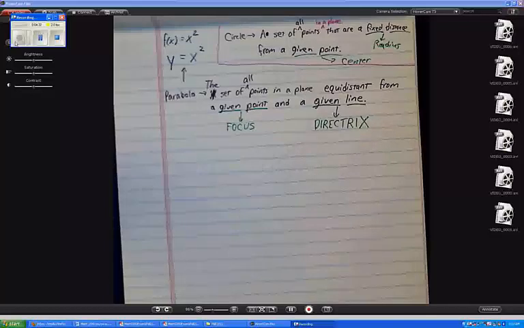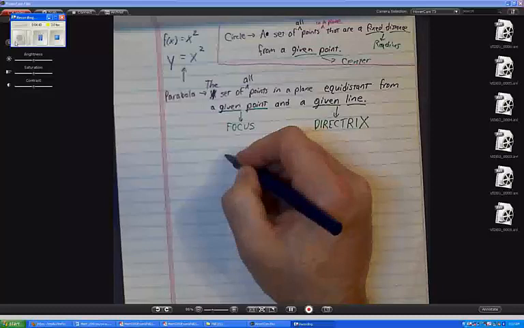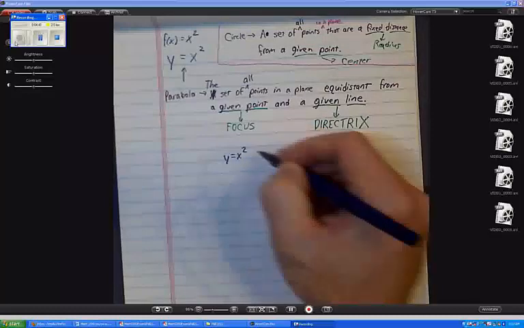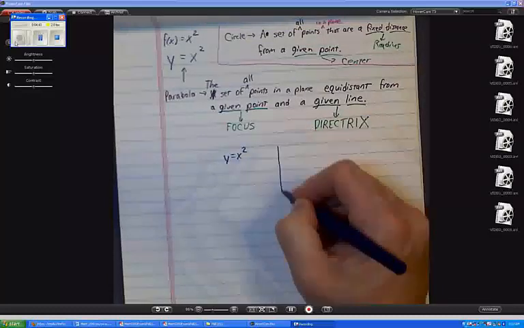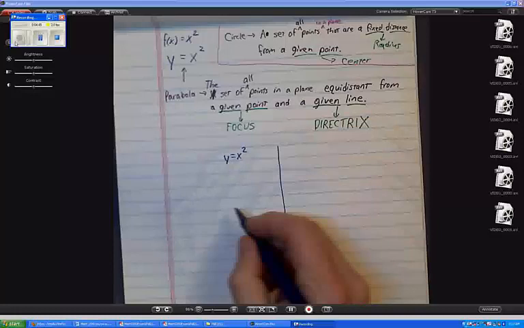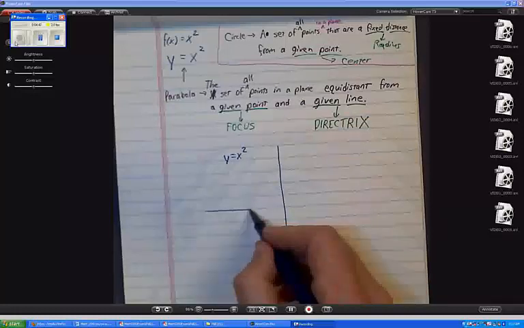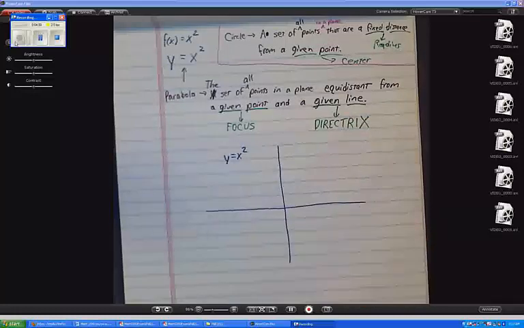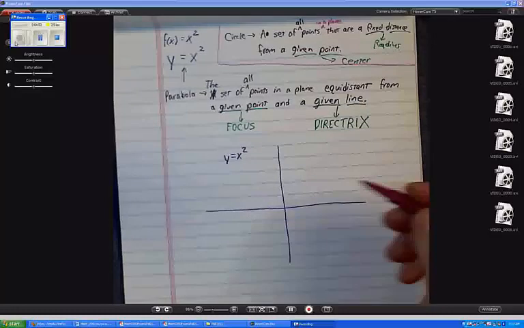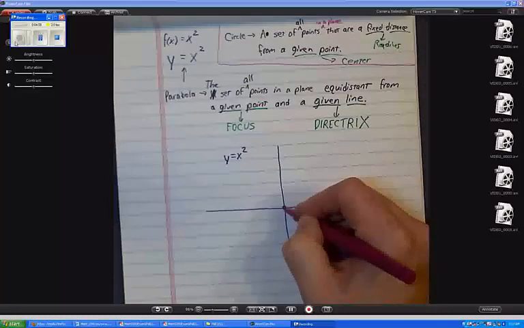Alright, so I want to show you, well, I like the example that Barb gave us because we're very familiar, or no, as Brittany gave us, y equals x squared. We're very familiar with that one. I can go ahead and graph it. Where's my vertex? 0, 0. So here's 0, 0.